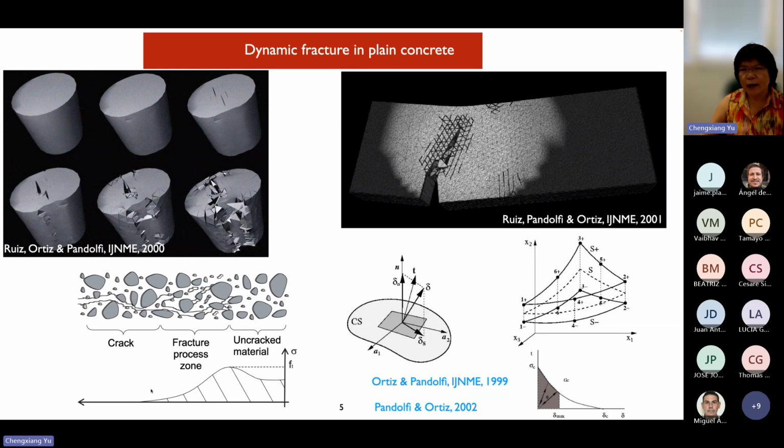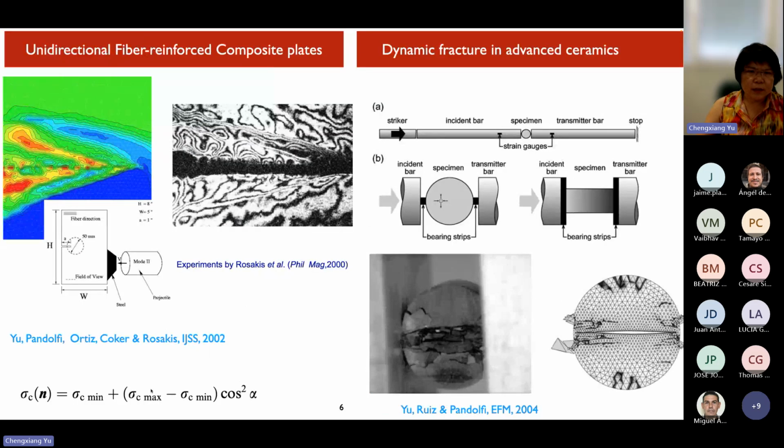On the right is a three-point bending test with a notch on the left side of the middle section. This is our work published in AJAME 99 and 2002, using the cohesive element model by Pandolfi and Ortiz. This is very early work that I did many years ago.